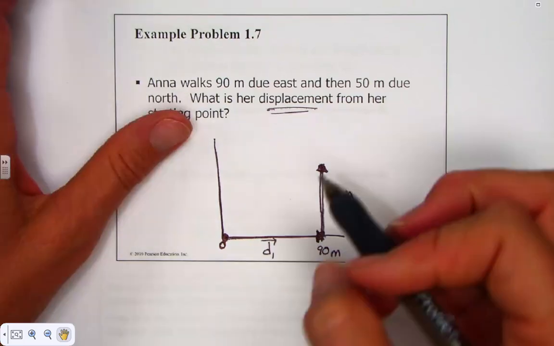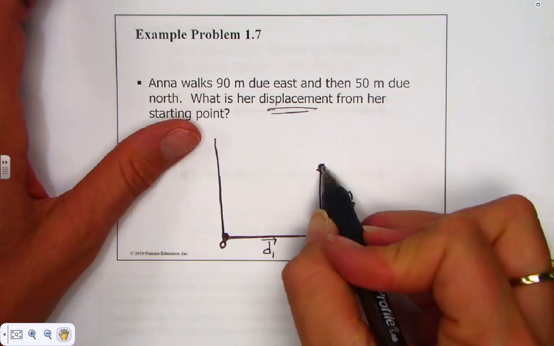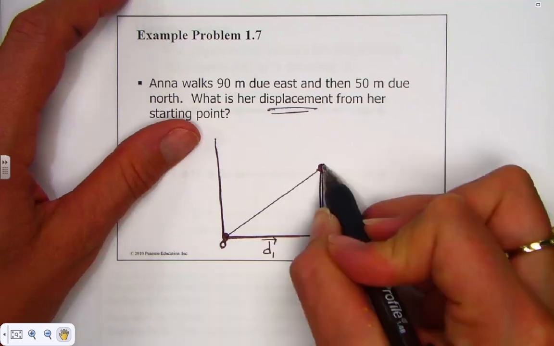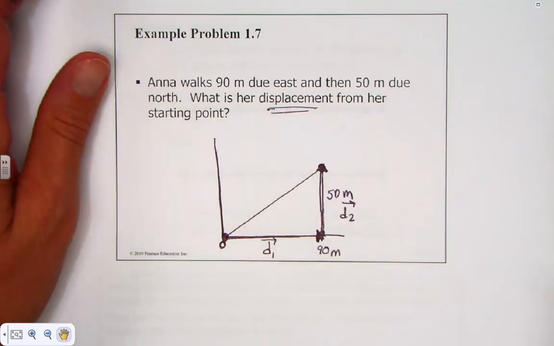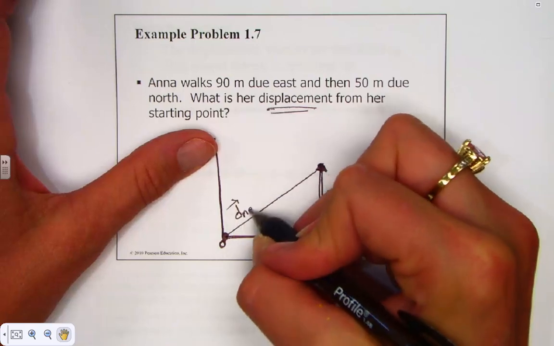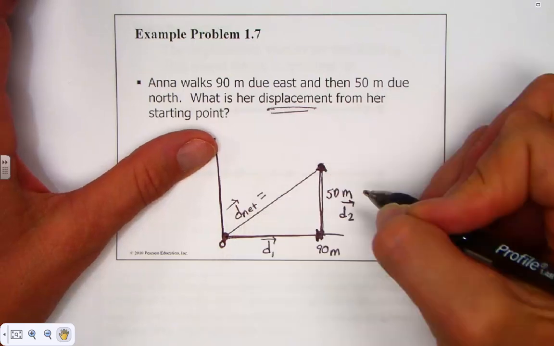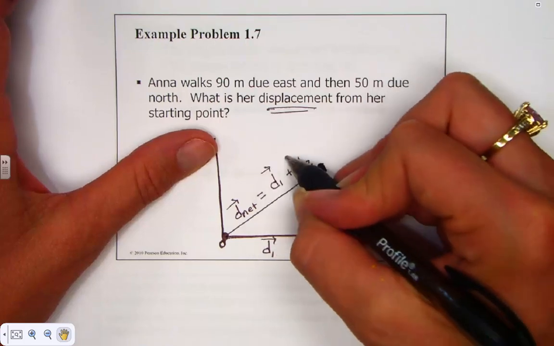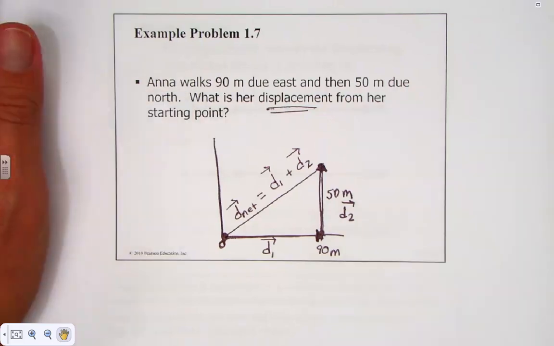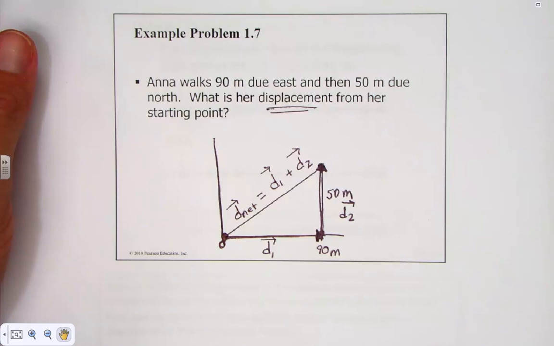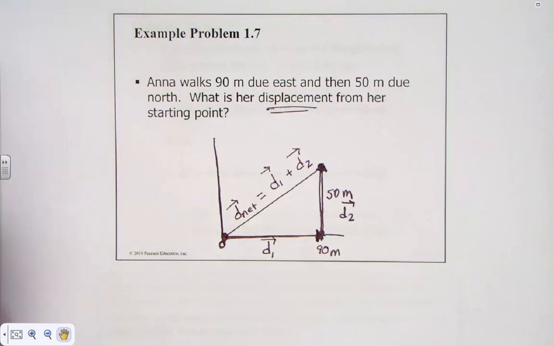The displacement says, I don't care about the path that you took, from the origin to the final destination, what's the straight line? Adding the vector quantities to find the net displacement, I take vector quantity 1 and add it to vector quantity 2. We're being asked what is her displacement from the starting point. We add the two vectors.